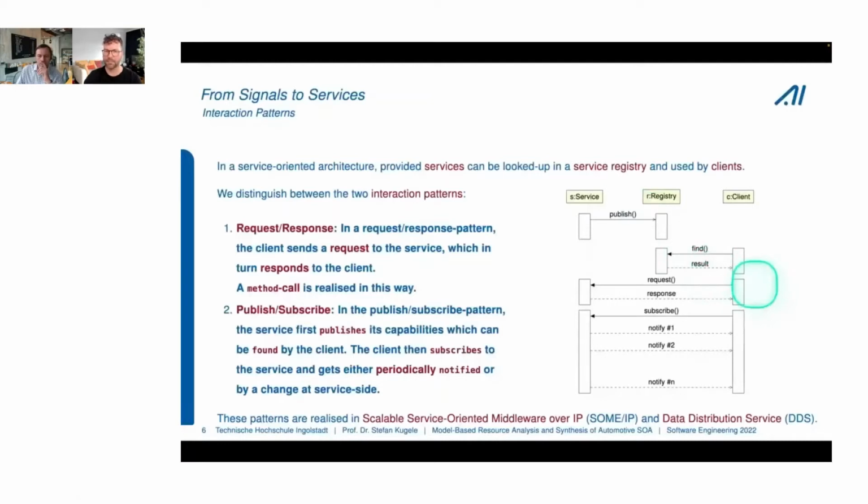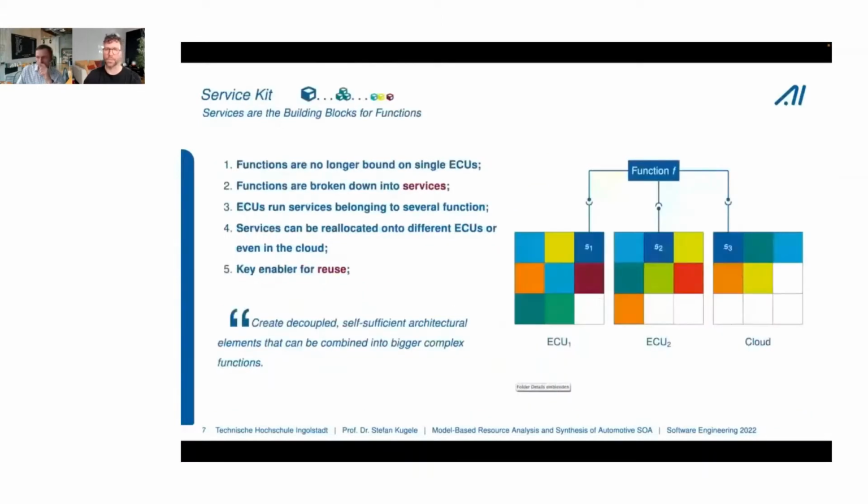Both patterns are supported by some technologies, namely the scalable service-oriented middleware over IP, which is SOME/IP, and the Data Distribution Service, DDS. Both types of communication middleware are supported, for instance, by the AUTOSAR Adaptive Platform. And why do we use services?